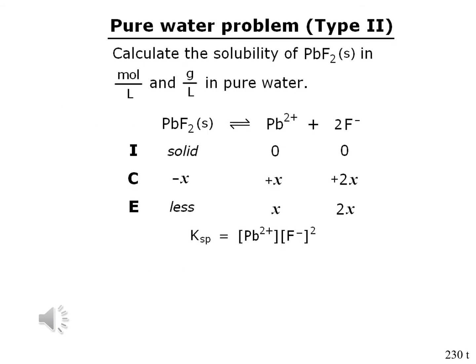I first want to calculate the solubility of lead fluoride in pure water, and this is a type 2 problem which we've already done. I set up the ice table and the Ksp expression, and we then need to substitute the Ksp and the x's into the equation and solve.